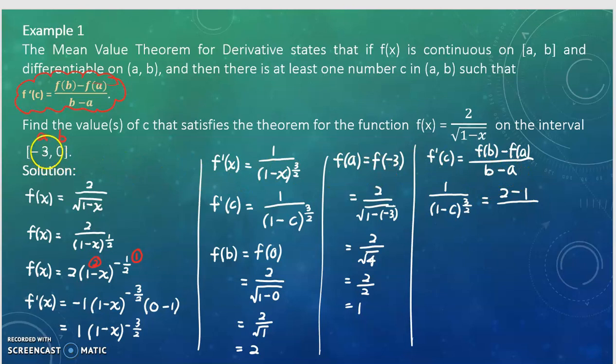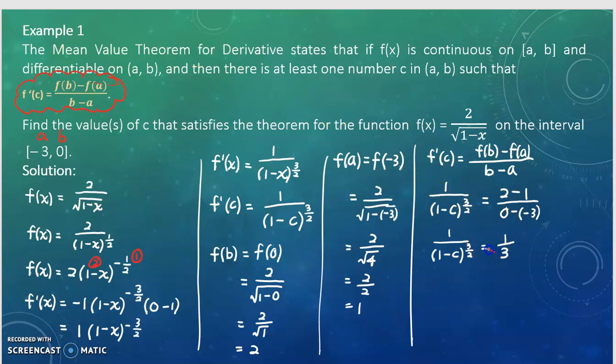Based on the interval, b is 0 and a is negative 3, so 0 minus negative 3. So 1 over (1 minus c) to the power of 3 over 2 is equal to 2 minus 1, which is 1, over 0 minus negative 3, which is positive 3.